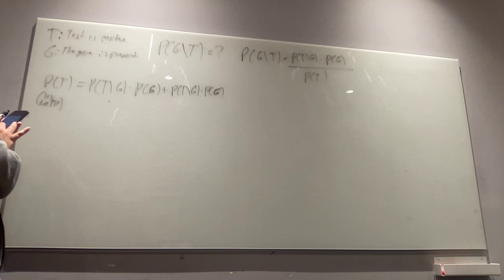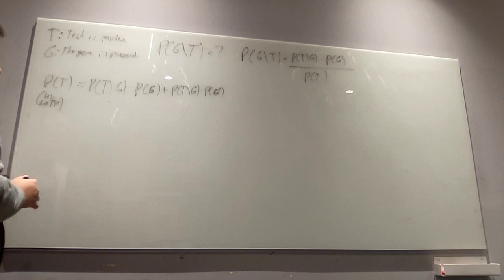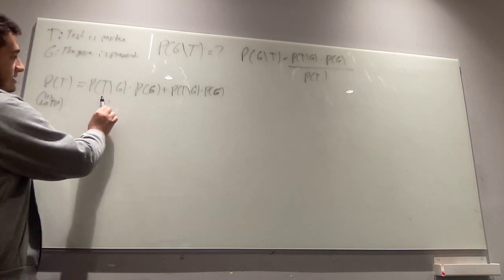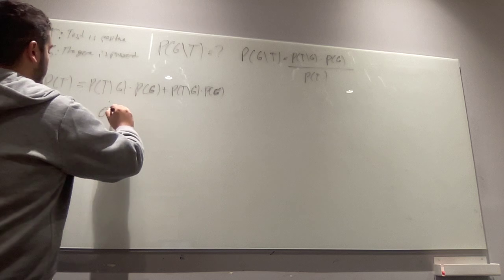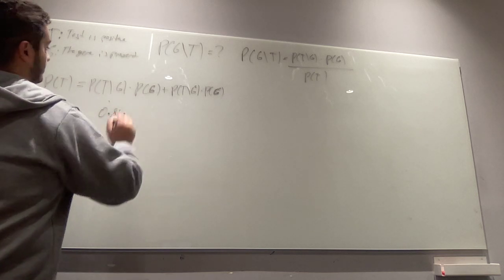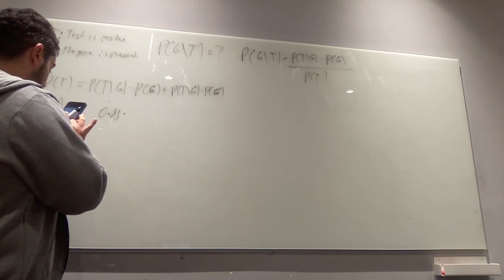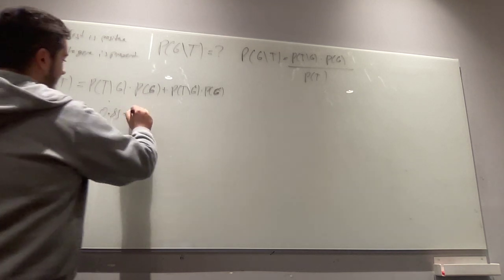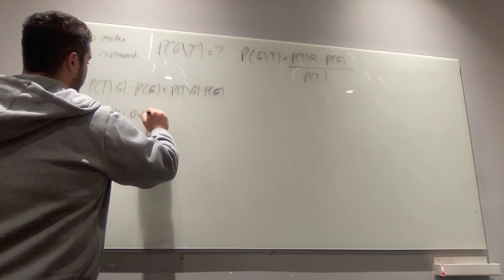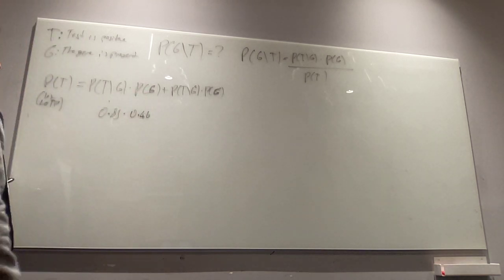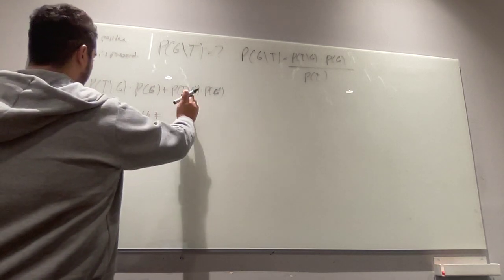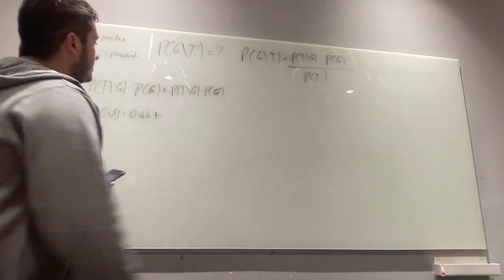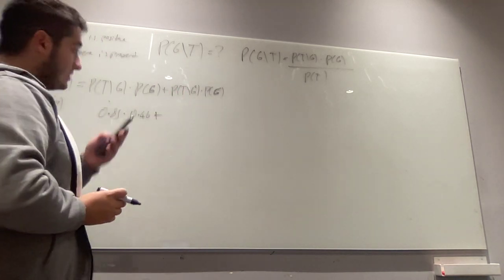What is it? The test finds the gene with probability 0.85. The finding means the gene is present and the test gives a positive signal. 0.85 times the gene in population, 0.46. Plus probability T given G complement. What's G complement?